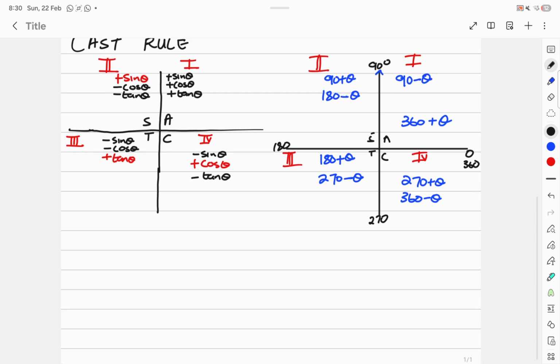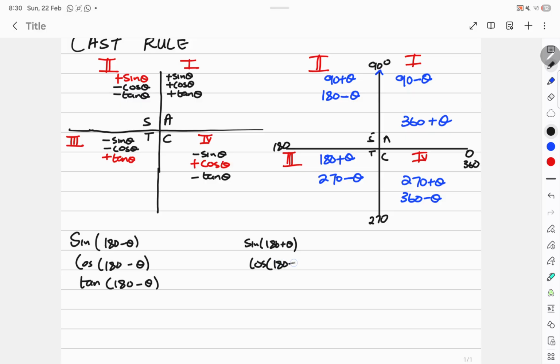All right. Now I want us to do this now. Let's have the sine of 180 minus theta, the cos of 180 minus theta, the tangent of 180 minus theta, and then the sine of 180 plus theta, the cos of 180 plus theta, and then the tangent of 180 plus theta.